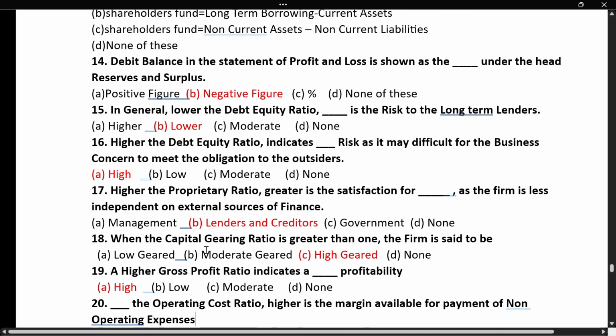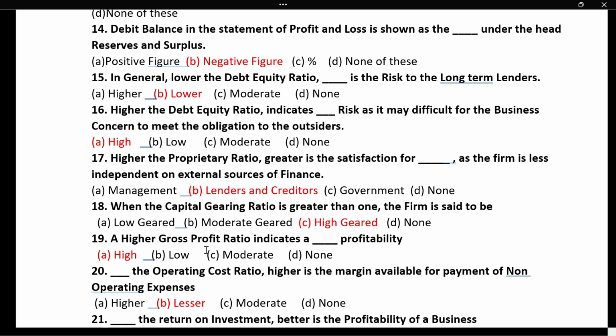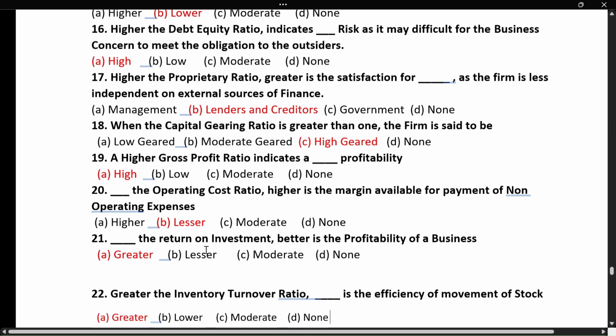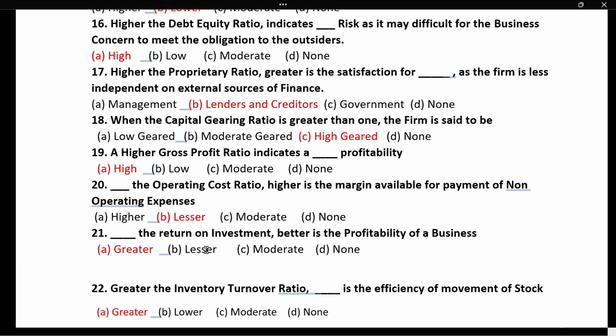In general, the lower the debt equity ratio, the lower the risk to the long-term lenders. The higher the debt equity ratio, the risk may be high. It may be difficult for the business to meet the obligation to the outsiders.